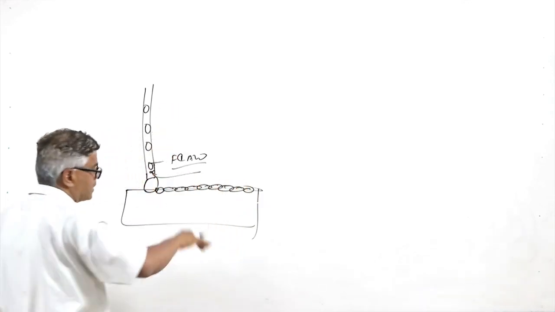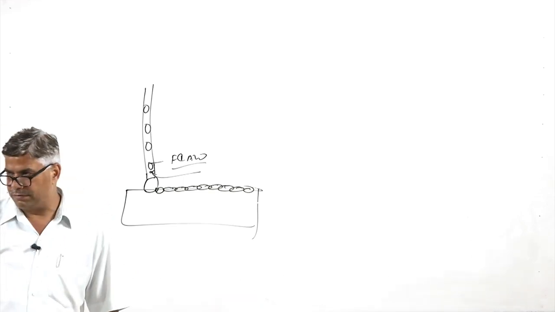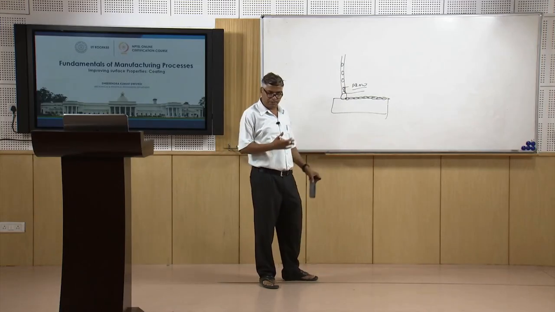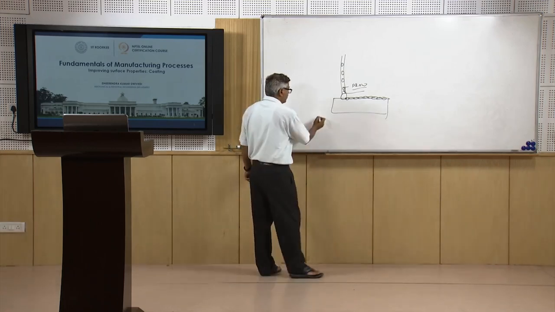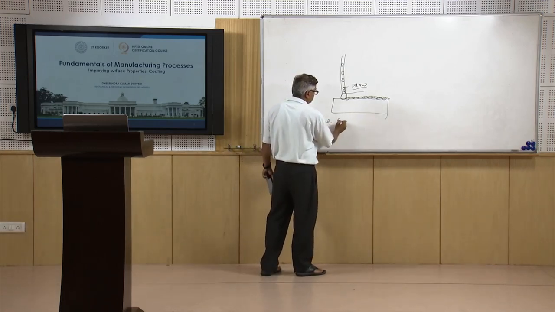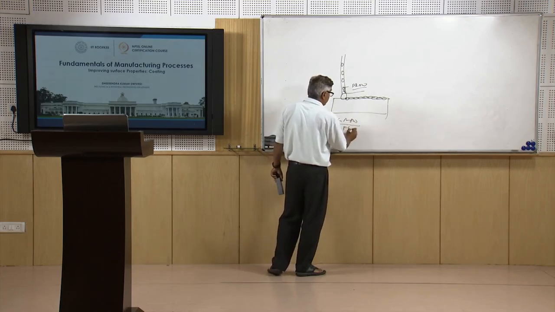Since it uses a consumable electrode which is fed continuously in the form of wires, larger amounts can be deposited in one go over a larger area. So, this is more of an industrial process, both GMAW as well as FCAW.